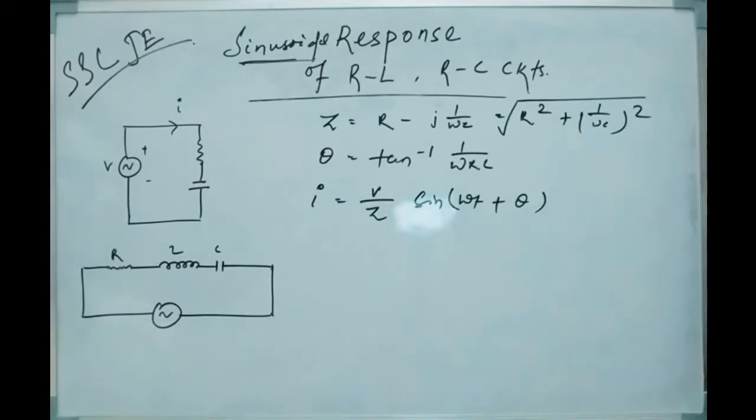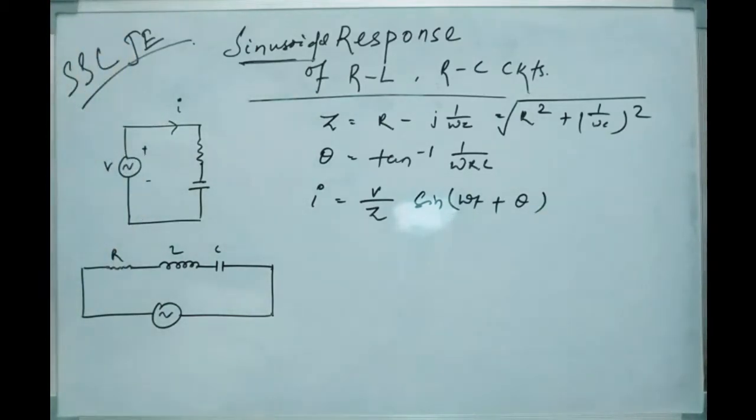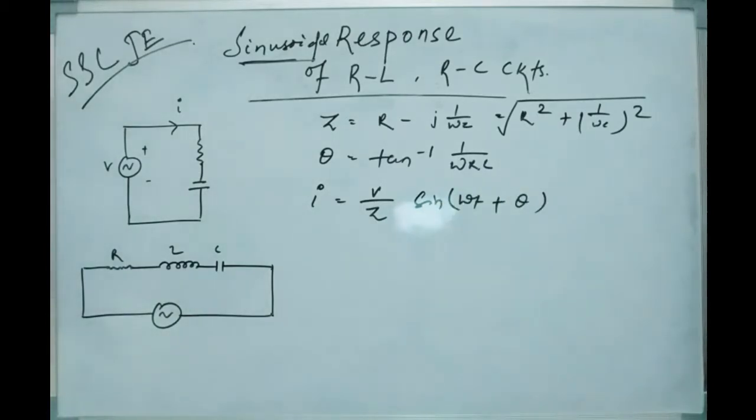Because current is going to lead in case of an RC circuit, that's why I am taking omega t plus theta. In the previous case we took omega t minus theta, because current lags in case of an RL circuit.